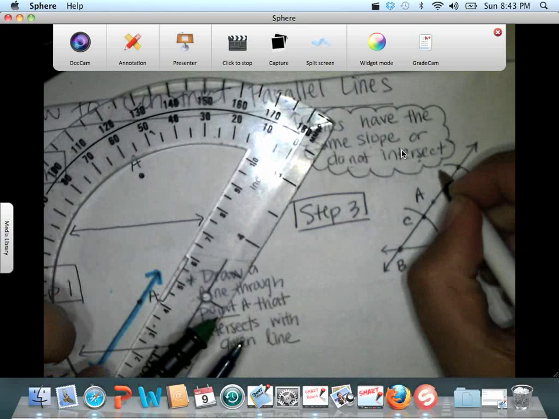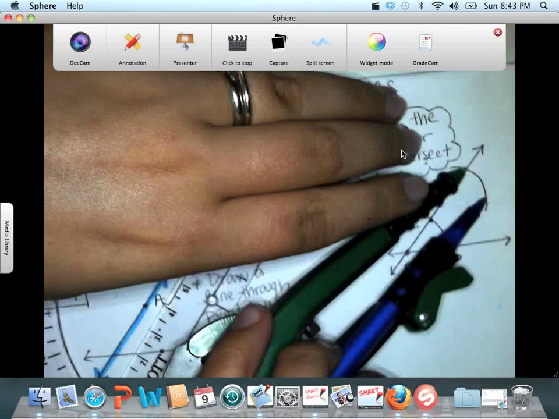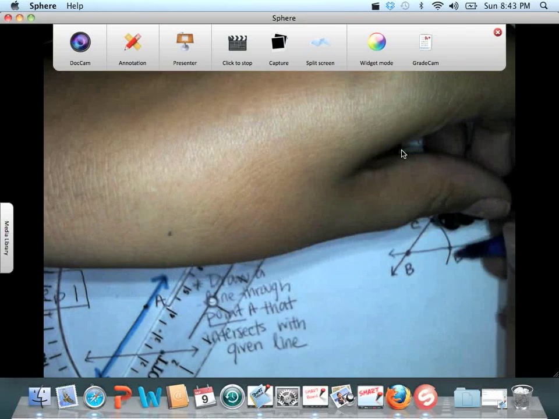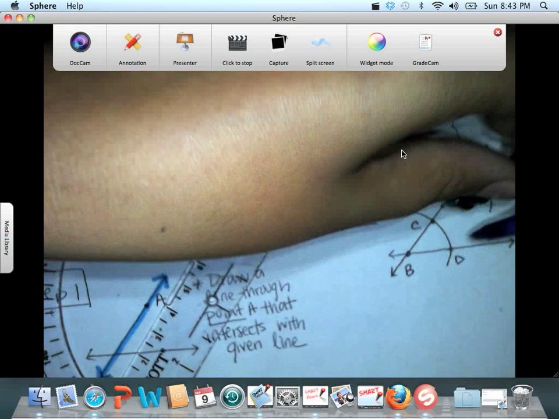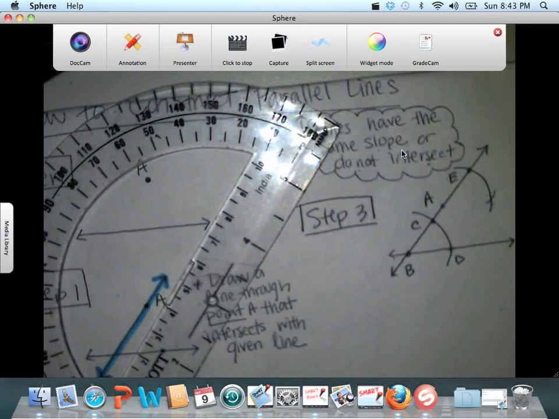We'll call this one E, okay? You go up to E with that width, so your width of CD, go up to E and you mark it, just like so. Okay?